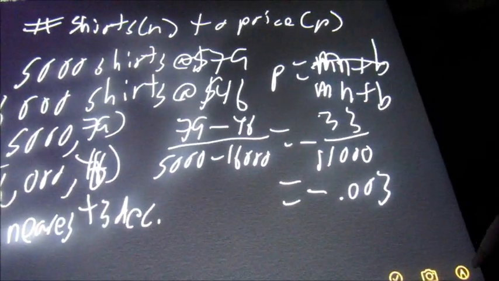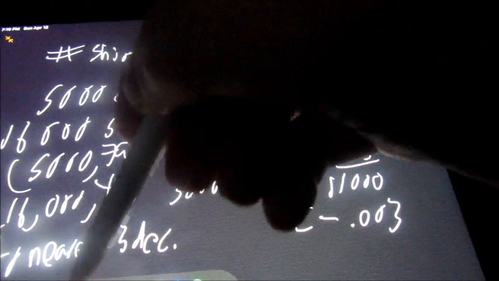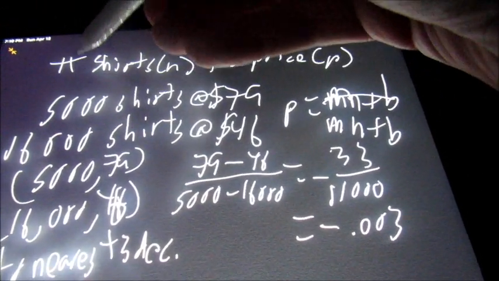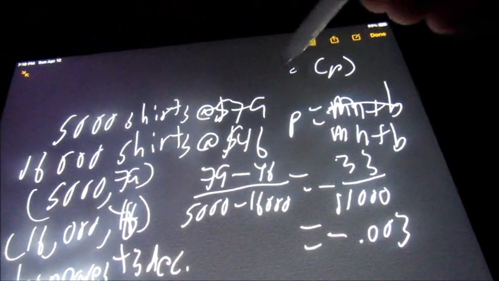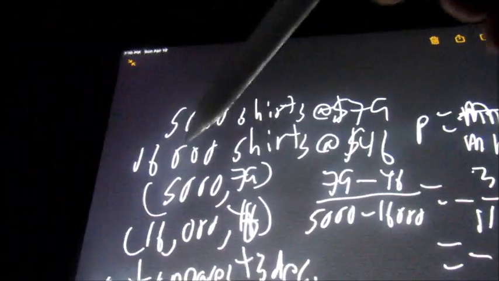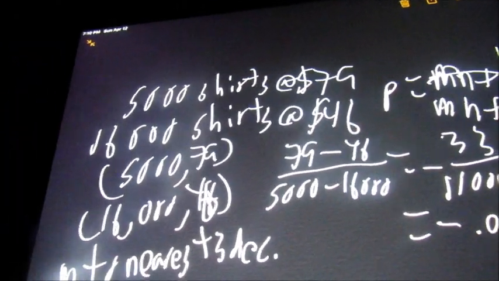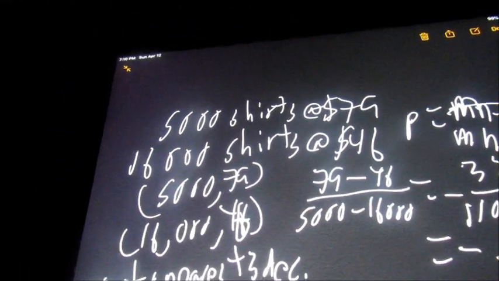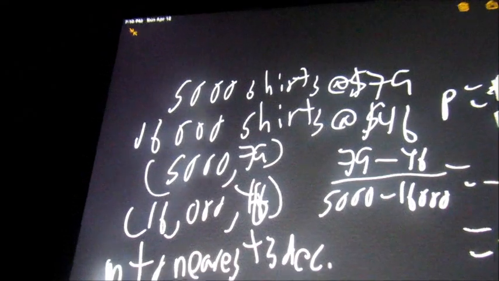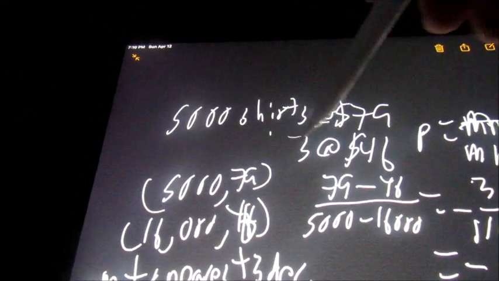So now what I need to do is put it into the point slope form, and I'm going to use the (5,000, 79) as my point.